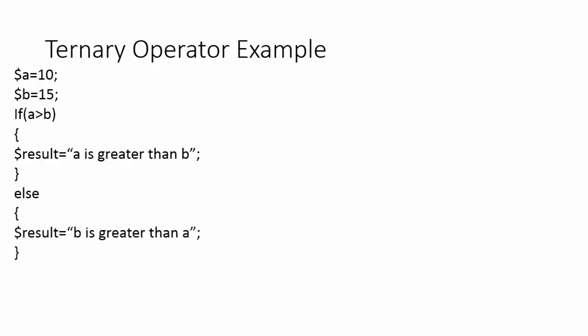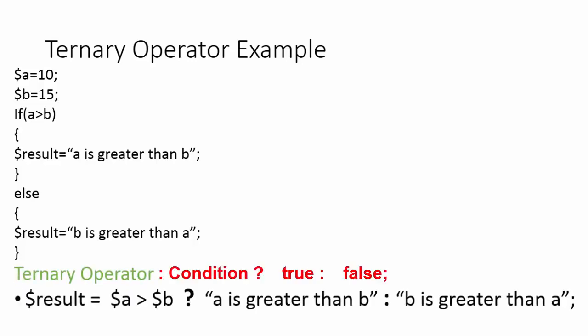Now this whole if condition is quite large. By using the ternary operator you can decrease your statements. So first of all, in the ternary operator you will write your variable $result in which you are going to save your result. Then you can say that $result is equal to $a greater than $b. Then the question mark will represent your if condition.